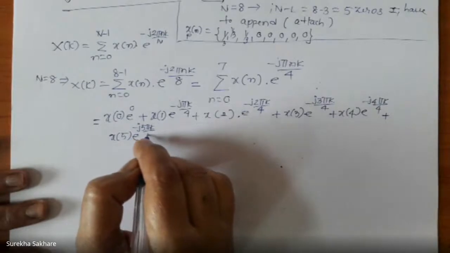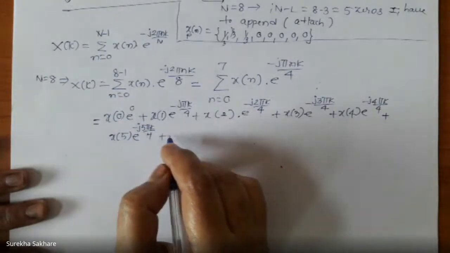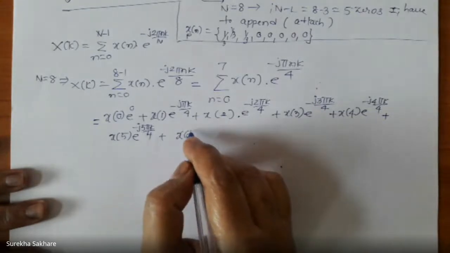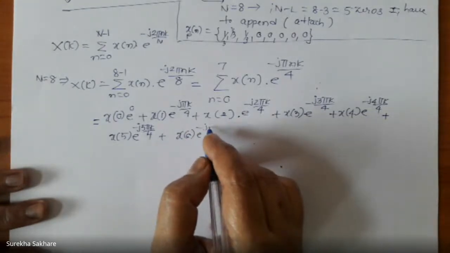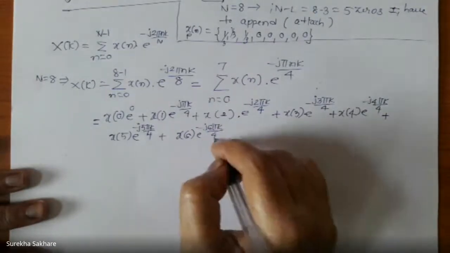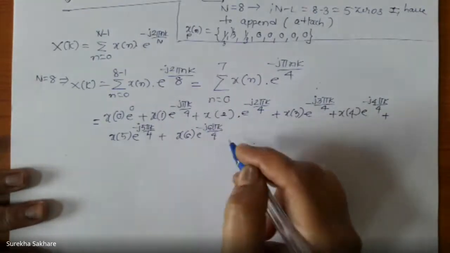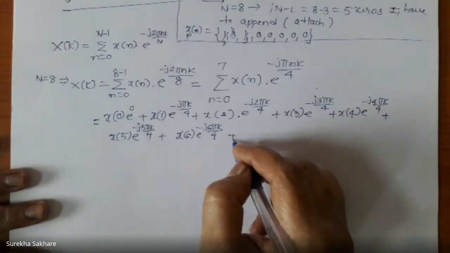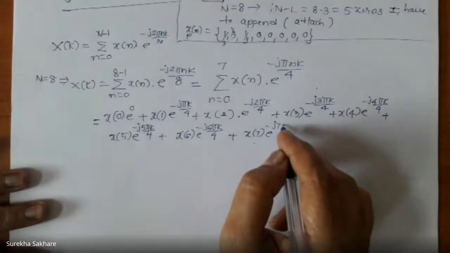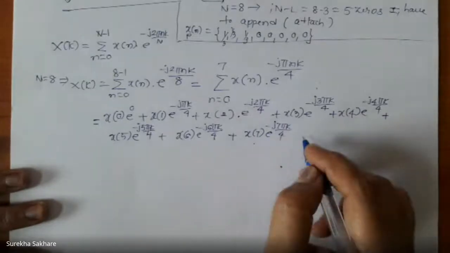Then the sixth value is e raised to minus j 6 pi k by 4. Okay. Then the seventh value, the last value, e raised to minus j 7 pi k by 4. And that's all.